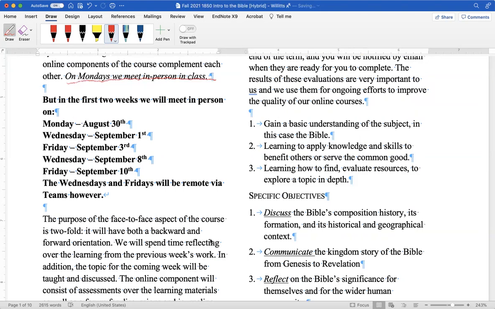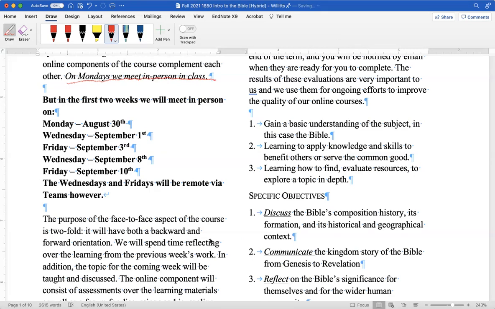So Monday, our first day of class, we're meeting face to face. Then Wednesday of that first week, we're going to meet face to face, but remotely via Teams. And then Friday, the 3rd, we'll meet again face to face, but again remotely.